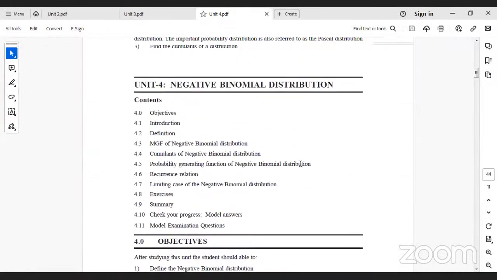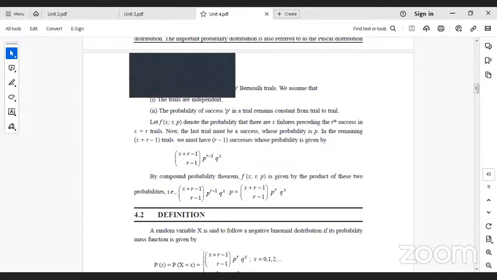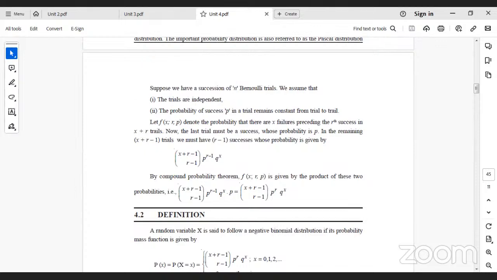In probability, suppose we take n Bernoulli trials. We assume the trials are independent, and the probability of success p remains constant from trial to trial. Let f(x; r, p) denote the probability that x failures precede the r-th success in x + r trials.